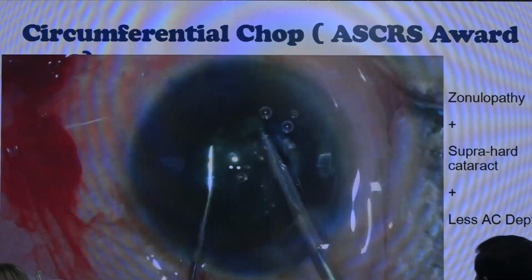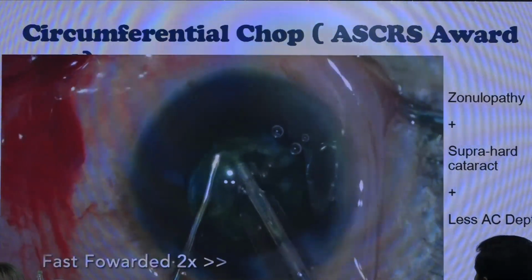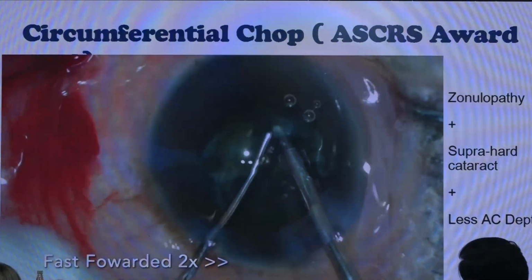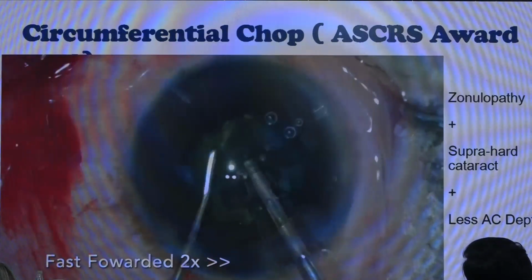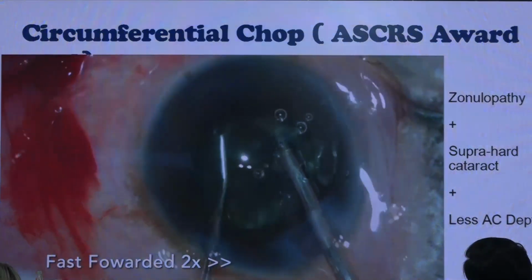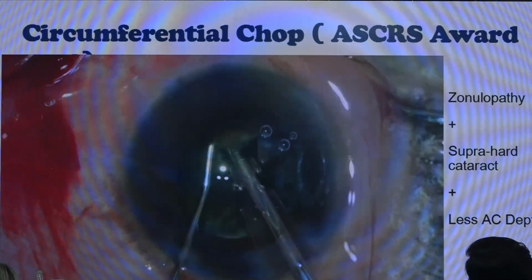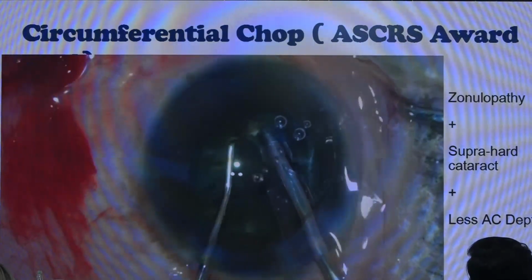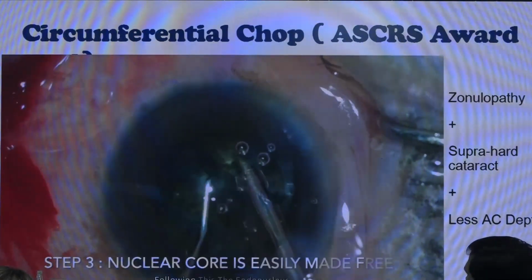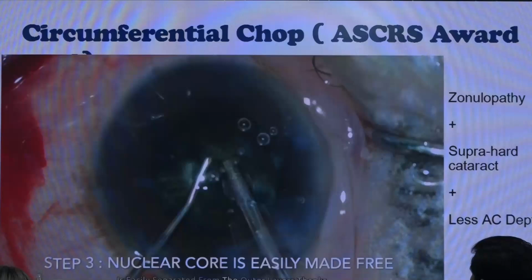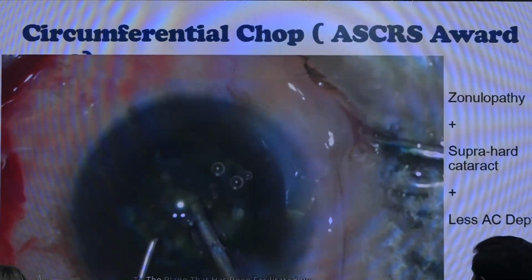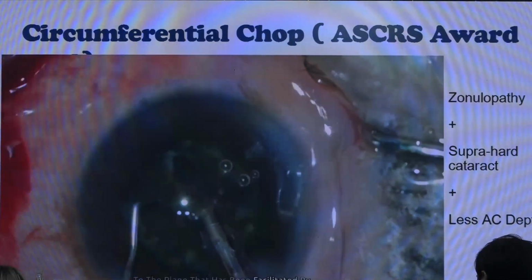I am not going ahead with advancing the peripheral chops or doing a lot of lateral separation because the bag is lax, the zonules are weak, and the cataract is hard. So I only do these peripheral chops, kind of like opening the petals of a flower. And then in the center you see the thickest or the densest endonuclear core is actually exposed.